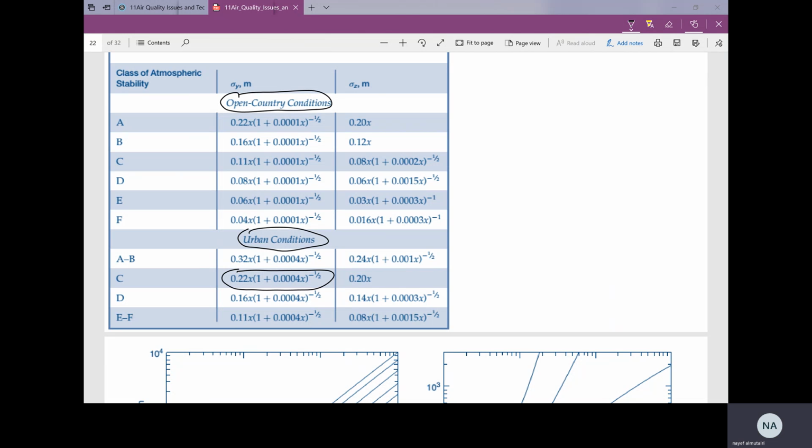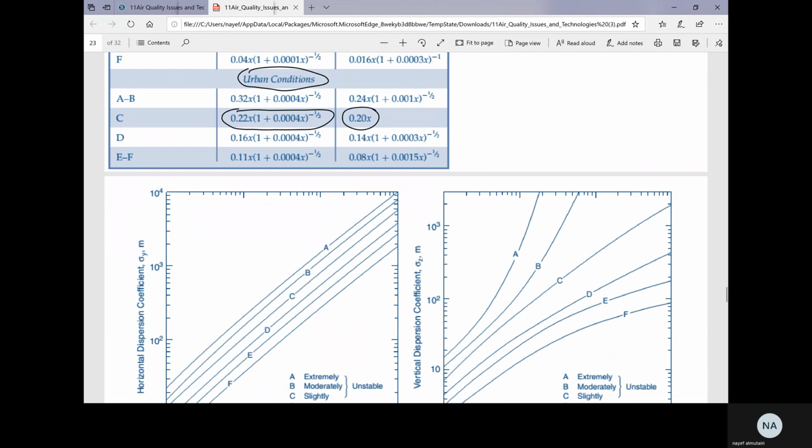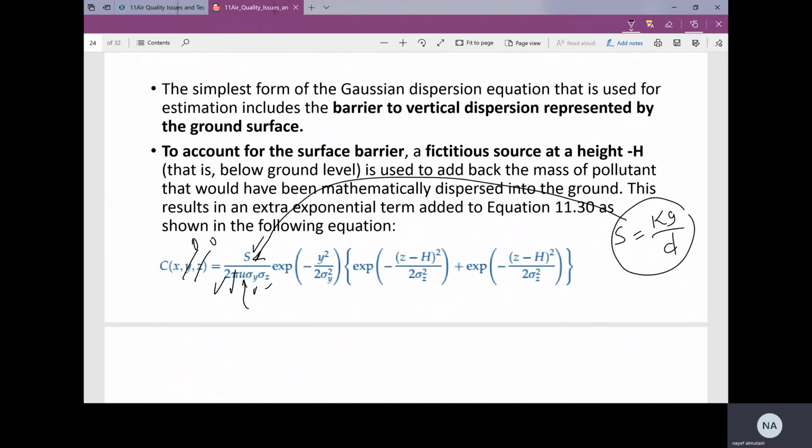And I'll give you the distance x. And also 0.2x for sigma z. x would be given to you. So now we find sigma y and sigma z, and we could plug in the numbers. I mentioned here that y is 0, so this is going to be 0, so the whole thing is going to be 1. And I mentioned also that z is 0, so this is going to be good on the ground.